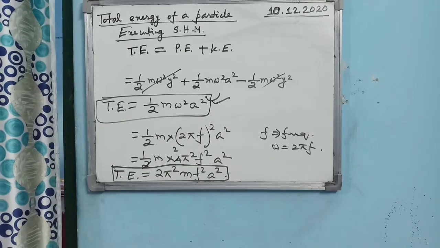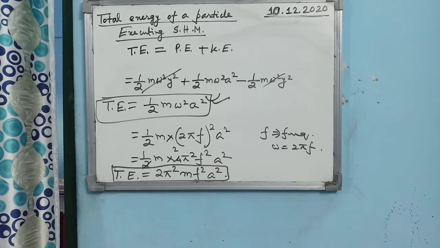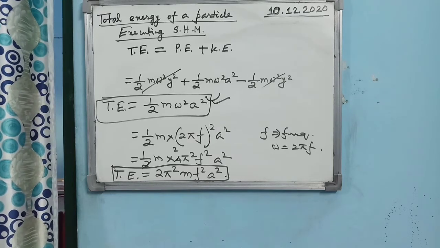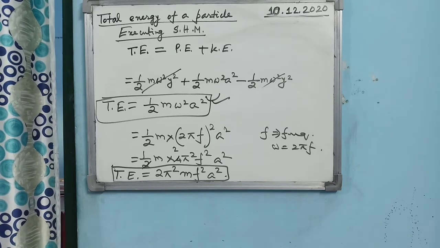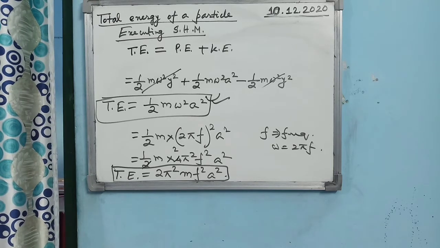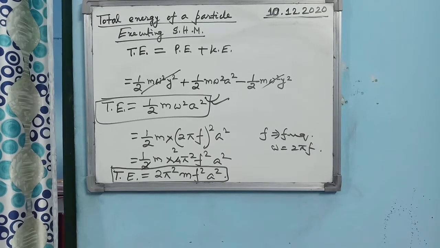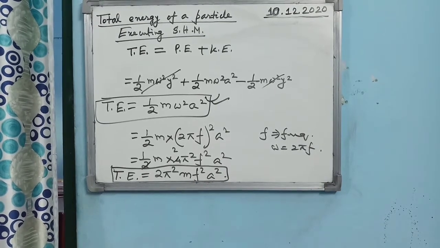So this is the way one can find the potential energy, kinetic energy and total energy of a particle executing SHM. Kindly learn and remember the formulas for potential energy, kinetic energy as well as total energy of the particle executing SHM.